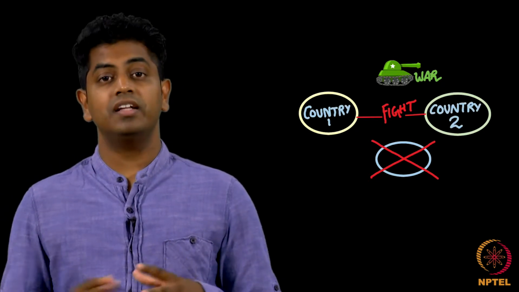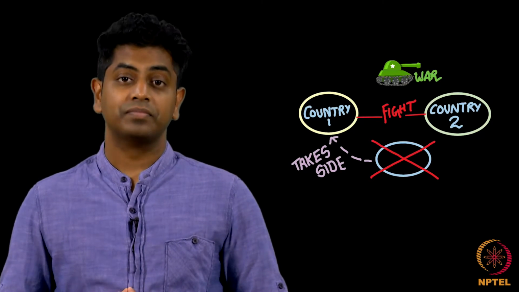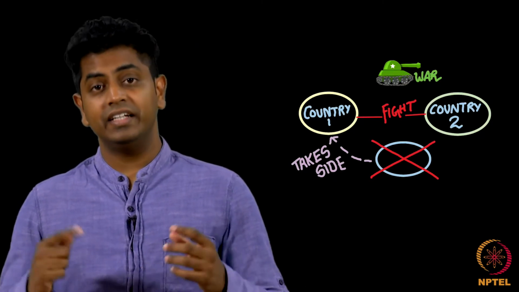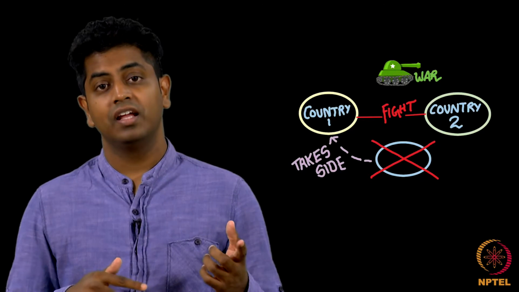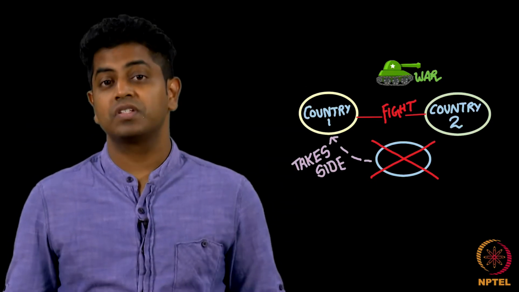Maybe there is a third country, but the third country will take someone's side. In fact, it is observed in World War I and II that countries did take the side of some other country, and the war was generally waged between two groups. In a bunch of people, the war is always between two groups, not between three groups.